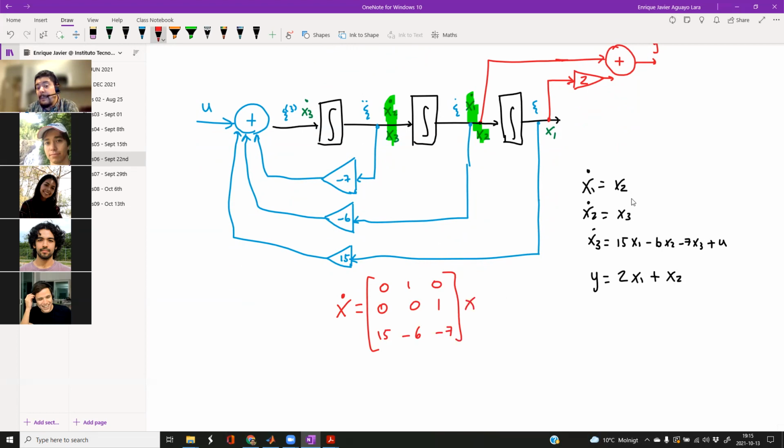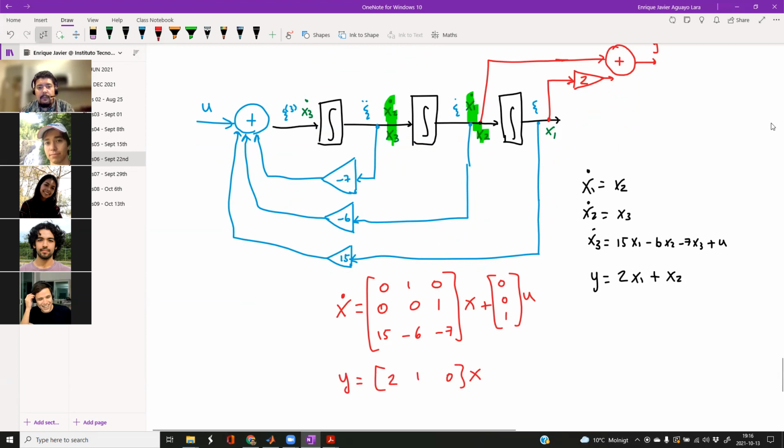I'm not writing explicitly x1 to x3, nor the derivatives, plus [0, 0, 1] on the input times u, where the output of the system is equal to [2, 1, 0] times x.